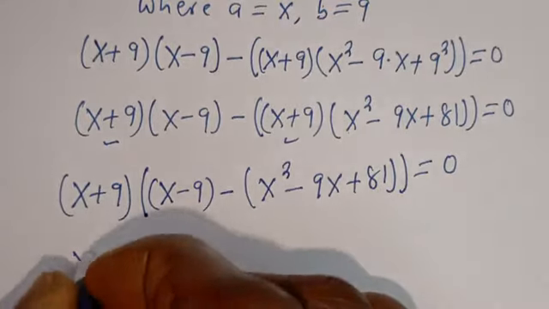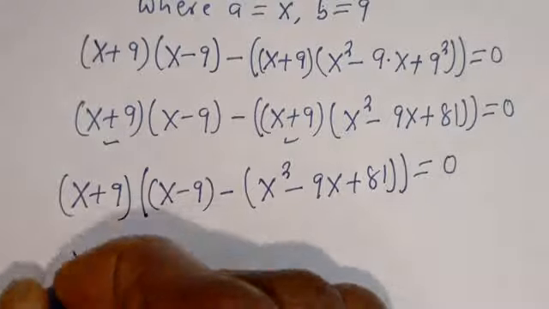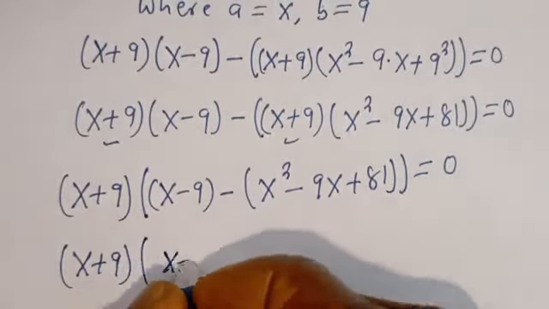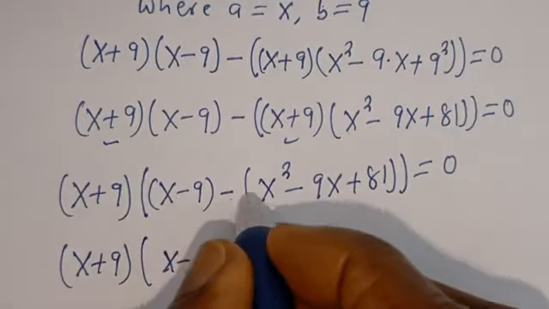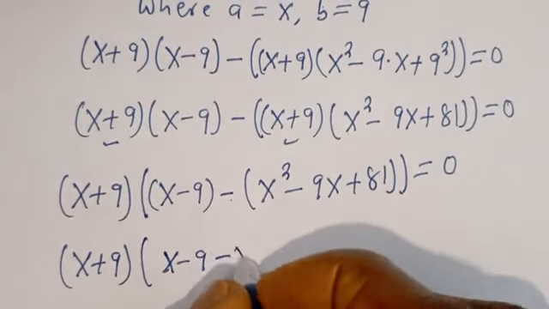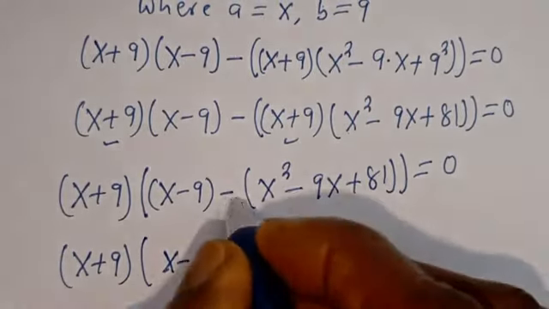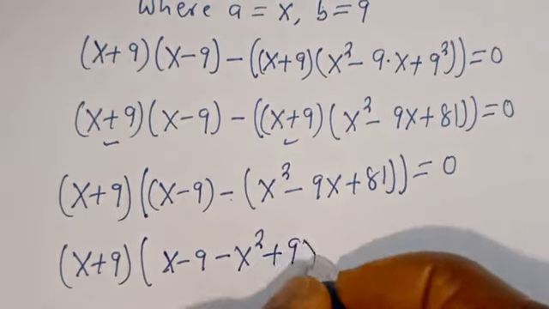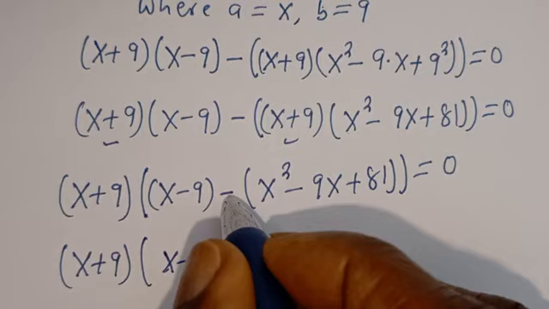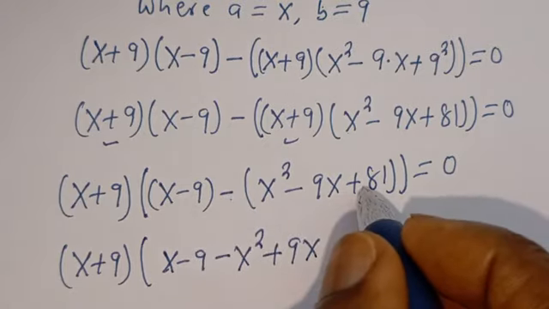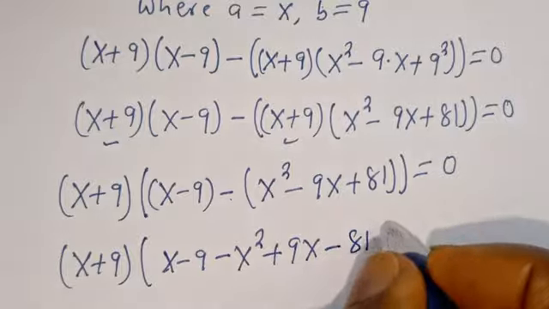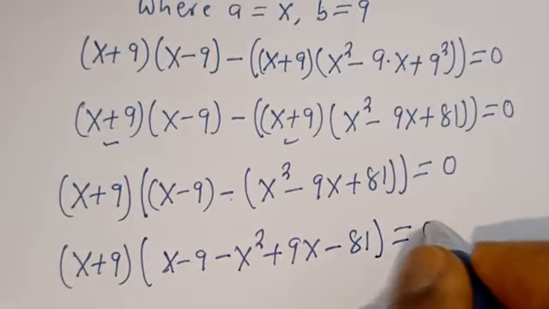Then this is s plus 9 bracket s minus 9 minus multiplied by s squared. This is minus s squared, minus multiplied by minus 9s. This is plus 9s. Then minus multiplied by plus 81. That is minus 81 is equal to 0.